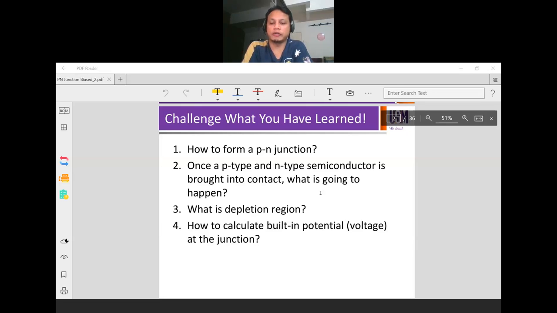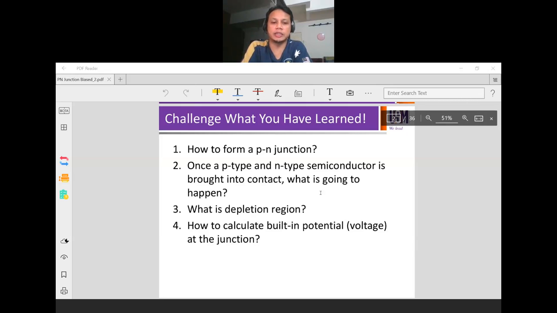Region where electric field is formed, right? Region where electric field is formed. Why is it called depletion region in the first place? Kenapa kita panggil dia depletion region in the first place? What is depletion? Because the region is depleted of carriers.